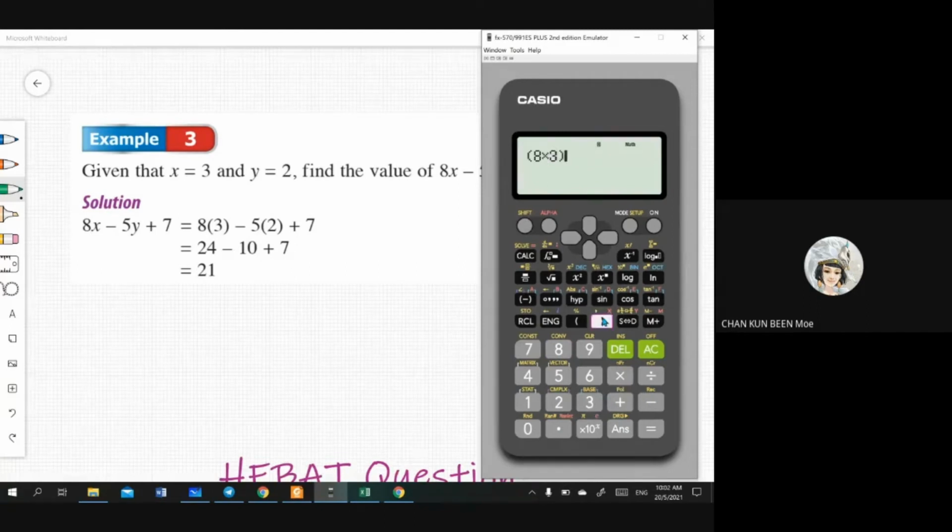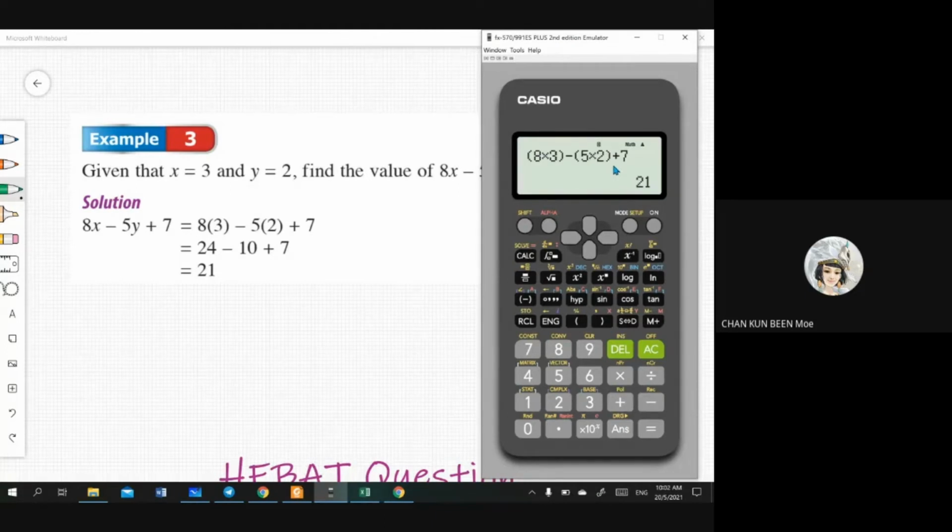You know the multiplication will come first. After that, minus 5 times 2, also in brackets. And then you plus 7. Then you press the equal sign. You will get 21. Everybody, can you try out 8 times 3 minus 5 times 2 plus 7?